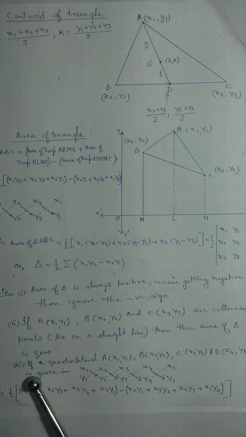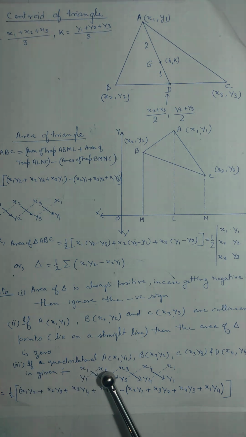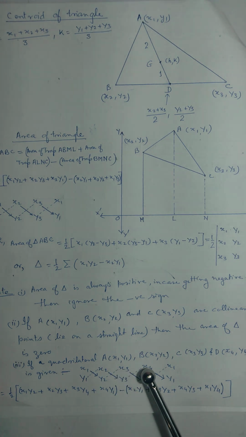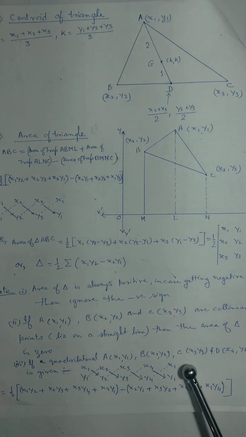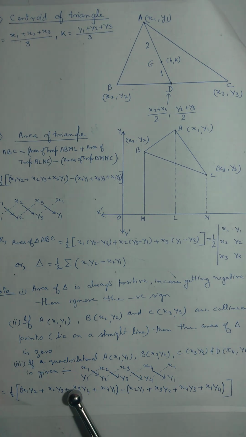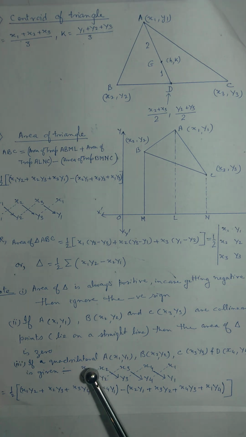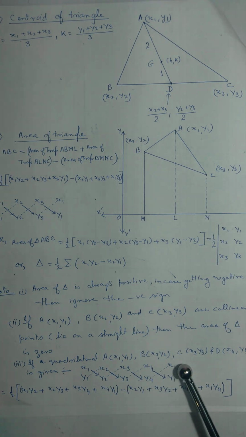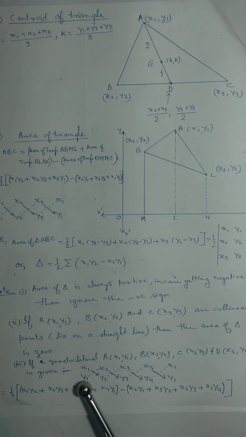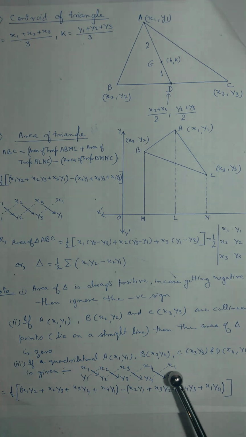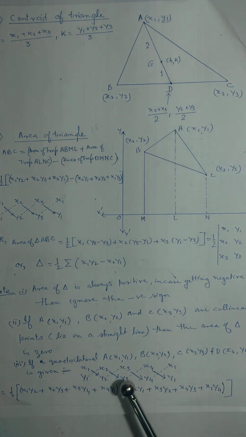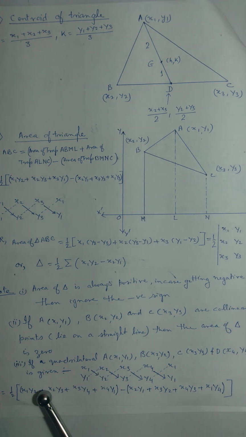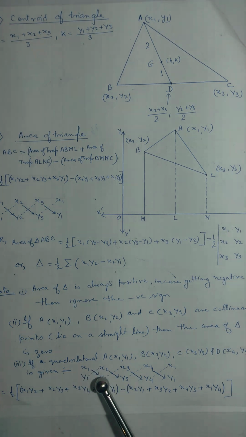Third point: if a quadrilateral A (x1, y1), B (x2, y2), C (x3, y3) and D (x4, y4) is given, then you have to write down these coordinates like this. First of all, you write down x1 y1, x2 y2, x3 y3, x4 y4, x1 y1. From where you have started, you have to end there also, at the initial point. Now, the dark line will be the positive one.